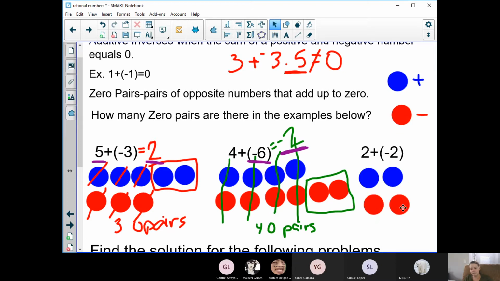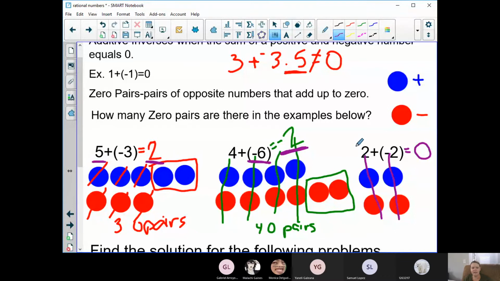And let's see, positive 2, negative 2. Yariel says 0 also. So I have 1 zero pair, I have 2 zero pairs. Do I have anything left over for either side? Right, there are no leftovers. So this is 2 zero pairs.